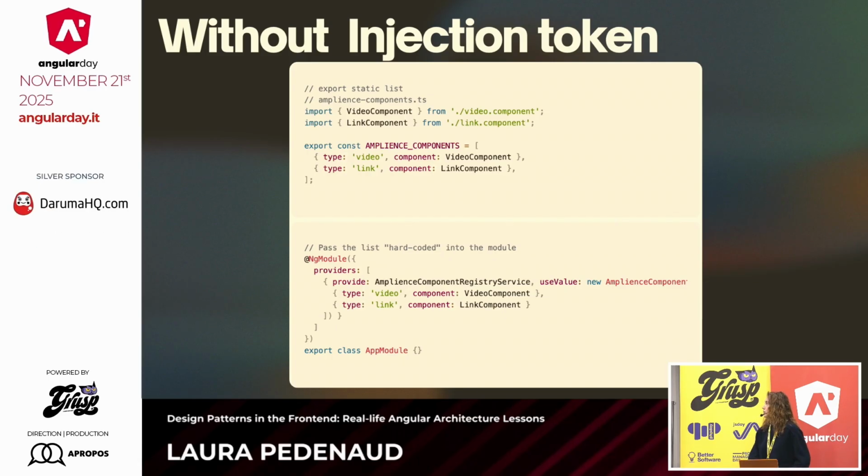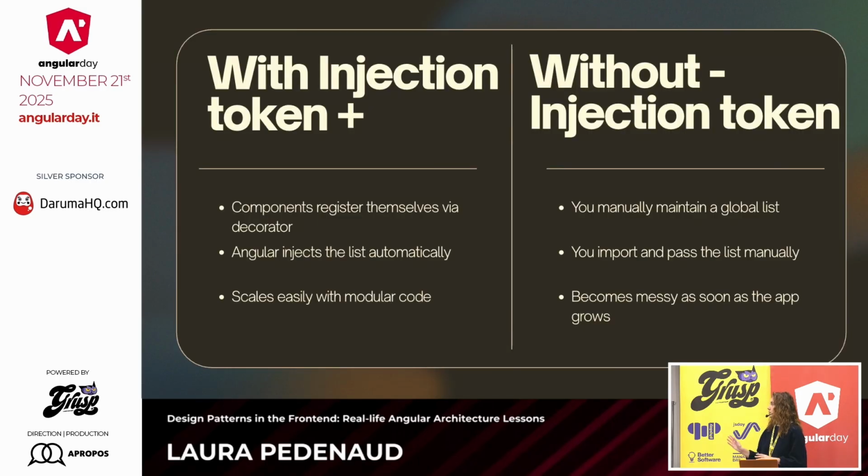To just talk about it a little more: with the injection token, the components register themselves by the decorator. Angular injects the list automatically, and we can scale easily with modular code. But without the injection token, you would have to maintain a global list manually, import and pass the list manually also, and then it can become really messy as soon as the app grows.